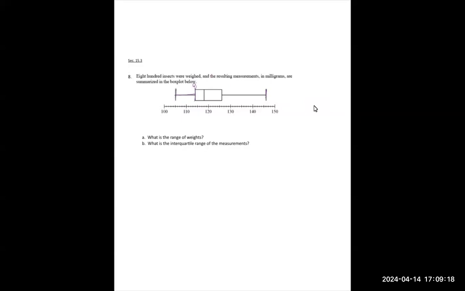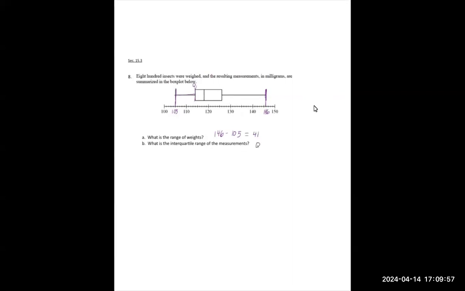So I just draw this down to the number line to really see what it is. It looks like it's landing right in between 100 and 110, so it's 105. And then this one, I draw it down, and it looks like one right above 145, so 146. So the range of weights is 146 minus 105, which is 41.